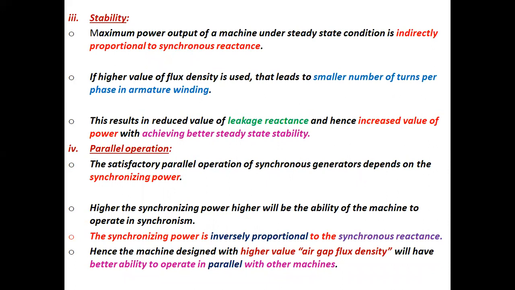Maximum power output of a machine under steady state condition is inversely proportional to synchronous reactance. If a higher value of flux density is used, that leads to a smaller number of turns per phase in the armature winding. This results in a reduced value of leakage reactance and hence increased power, achieving better steady state stability.